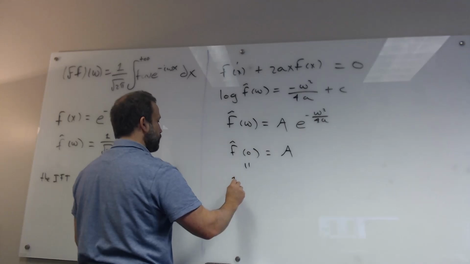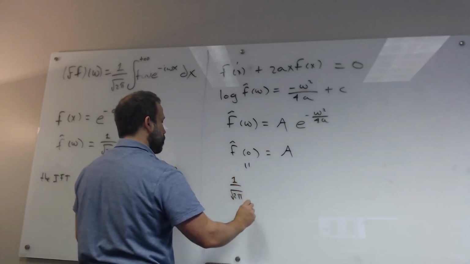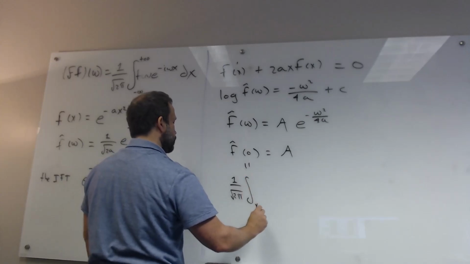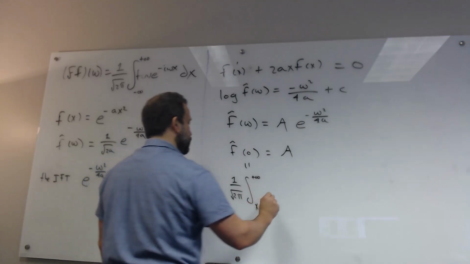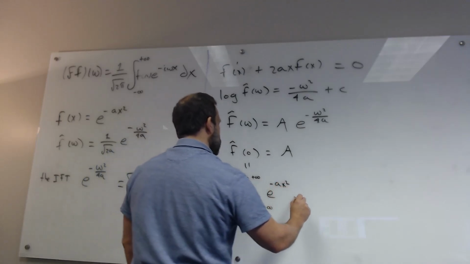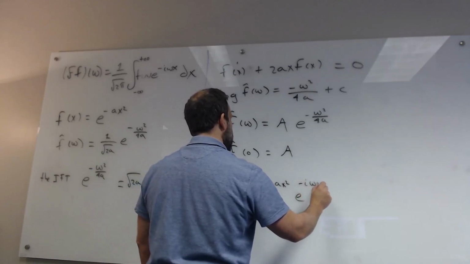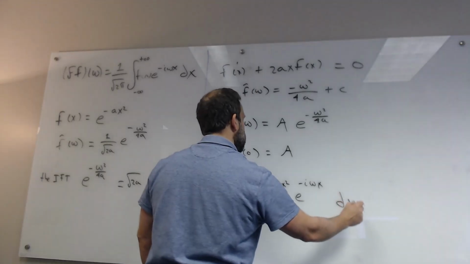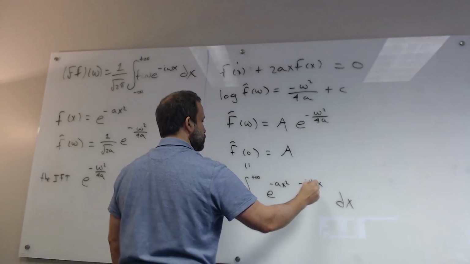Just by the formula, this is 1 over the square root of 2 pi times the integral from x equals minus infinity to positive infinity of e to the minus ax squared, times e to the minus i omega x dx, but omega is equal to 0. So that's just a 0.